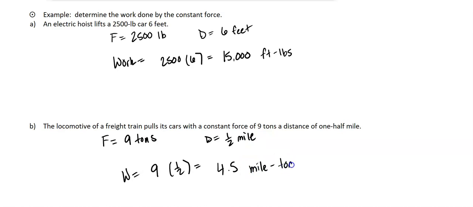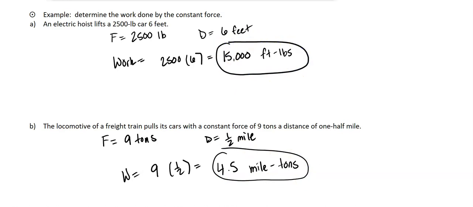Again, there are official units that physicists like to use for the amount of work, but we're just going to keep it simple. If you're answering questions in WebAssign, make sure you check what units are expected when you enter the problem. If it's anything other than the units that you started with, you may have to do a conversion, like from inches to miles or feet. But it should be pretty straightforward.